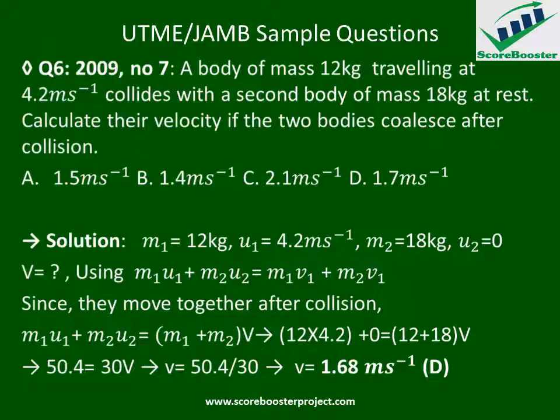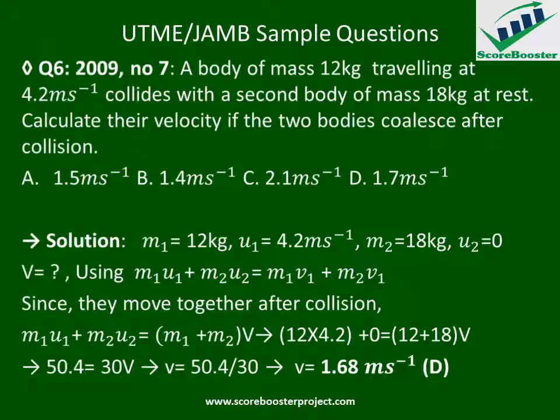Solution to this question. The first thing is to write out the given parameters. From the question, we have the mass of the first object, m1, that is 12 kilogram, while the initial velocity of the first object u1 is 4.2 meter per second.